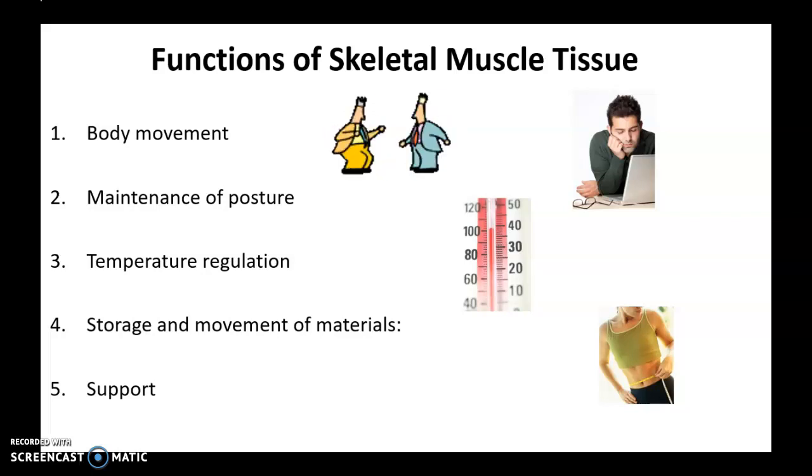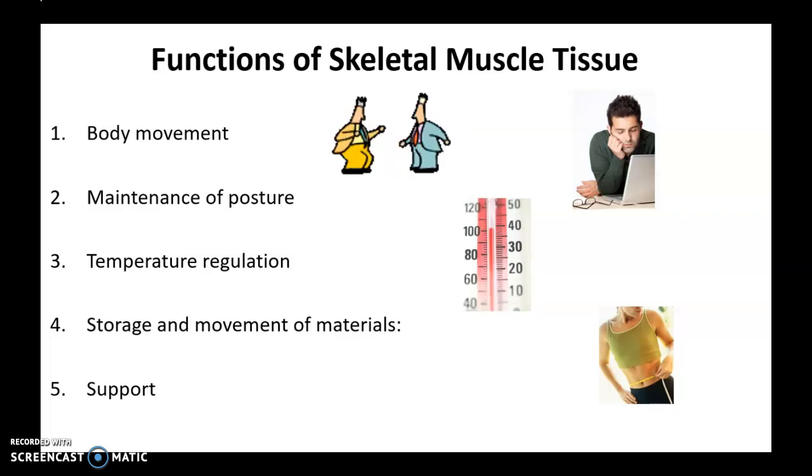Then temperature regulation. Energy is required for muscle tissue contraction, and this energy is broken down and heat is a byproduct, right? Most of this heat actually maintains a normal body temperature. When you exercise, do you feel hot? Yes, you do.